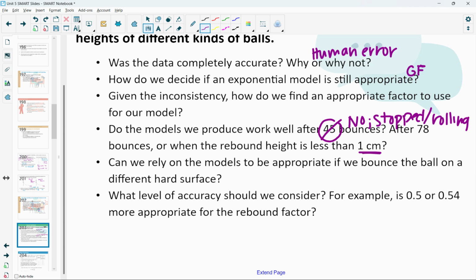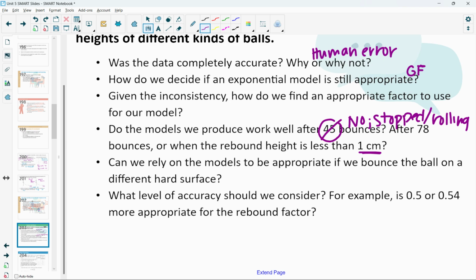Can we rely on models to be appropriate if we bounce the ball on a different hard surface? This one was just concrete and told us that the 53% is what would make sense for a tennis ball there. We would have to compare it to the data for other surfaces if we wanted to do that.